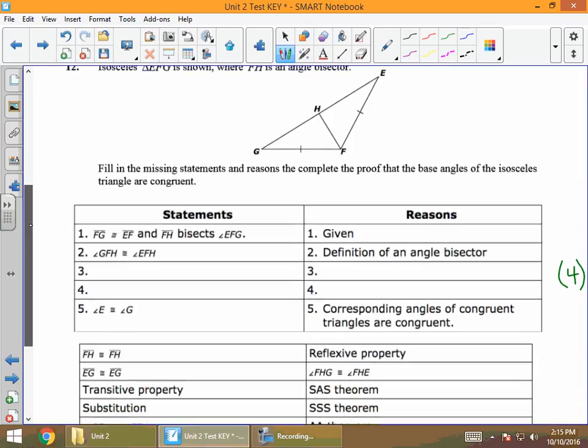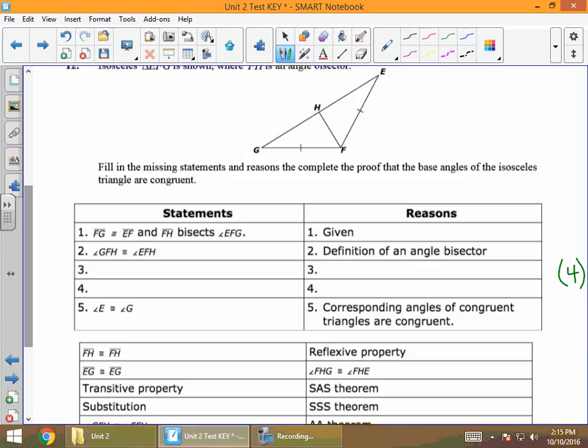I've given information that FG is congruent to EF, and FH bisects angle EFG. The second line says that angle GFH, this angle right here, is congruent to angle EFH, this angle right here. I see that these 2 triangles do share a side.